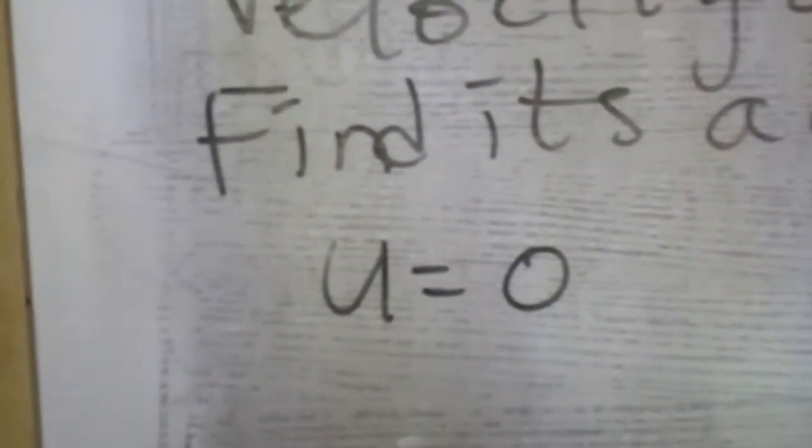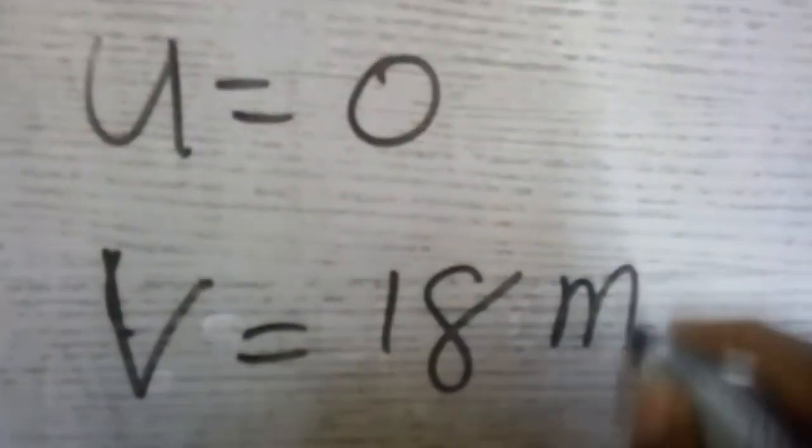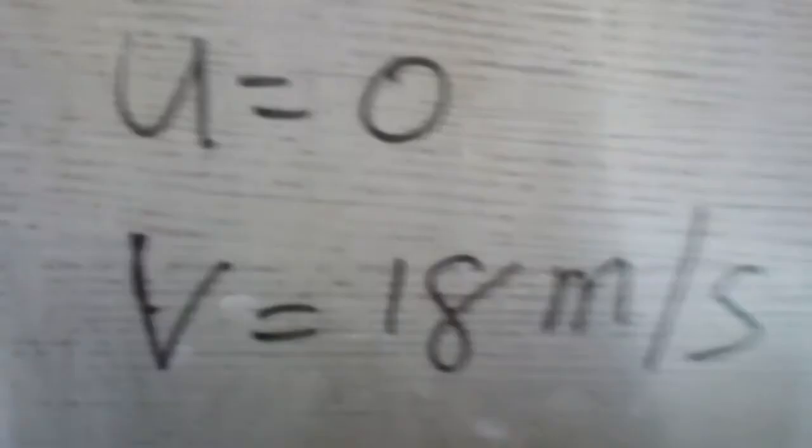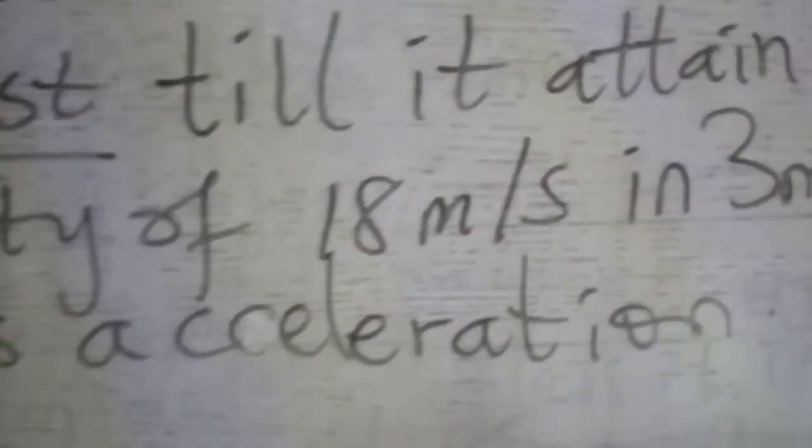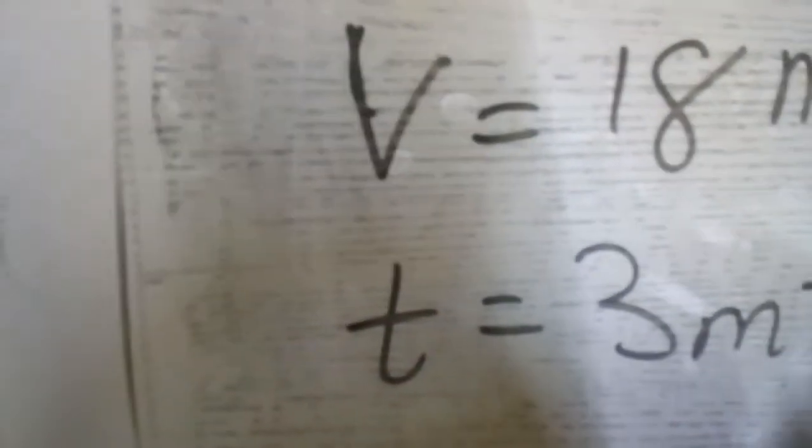Therefore, its initial velocity is 0. Then it attains a final velocity of 18 meters per second, which is v equals 18 meters per second. And the next thing we were given there is time. They said in 3 minutes, time equals 3 minutes.